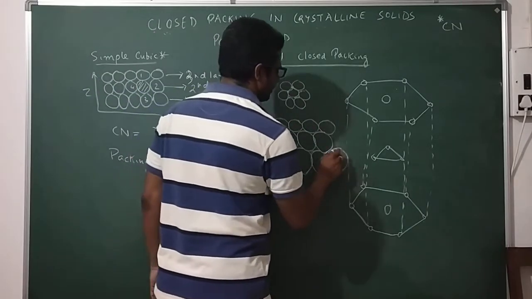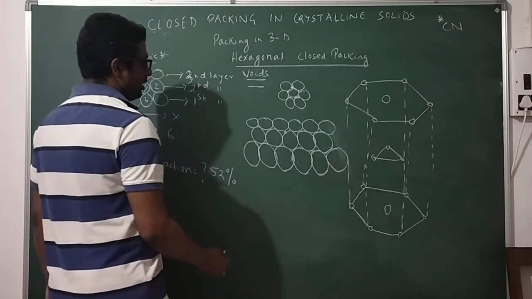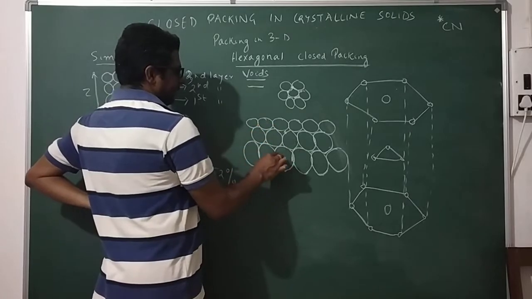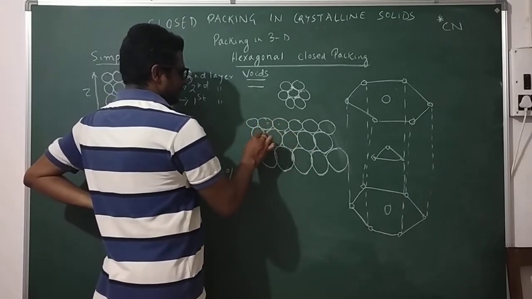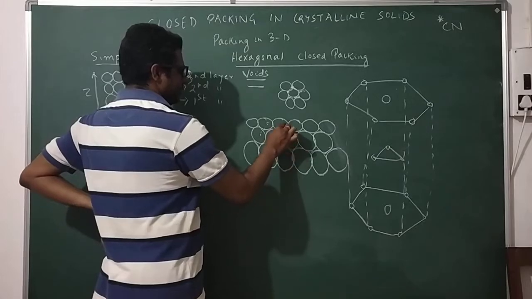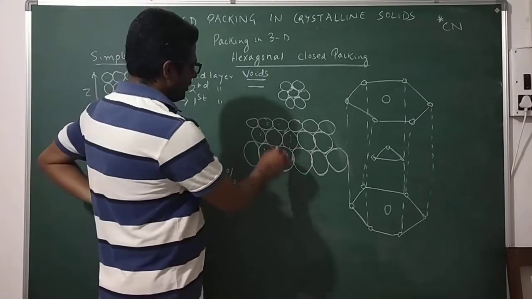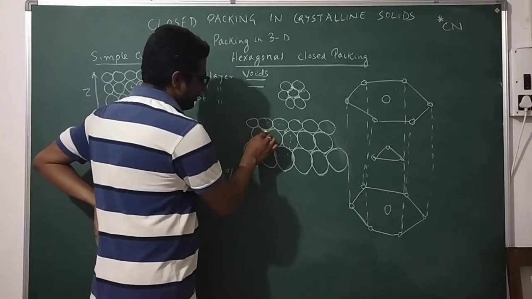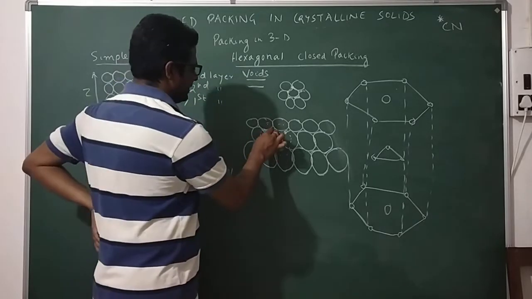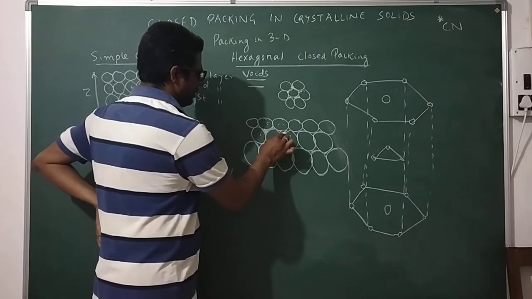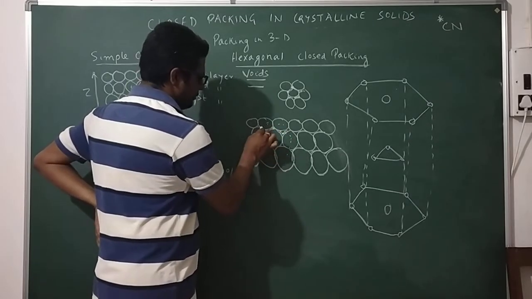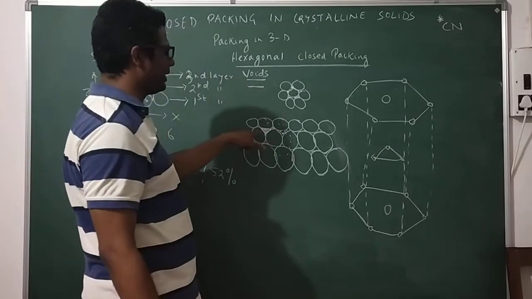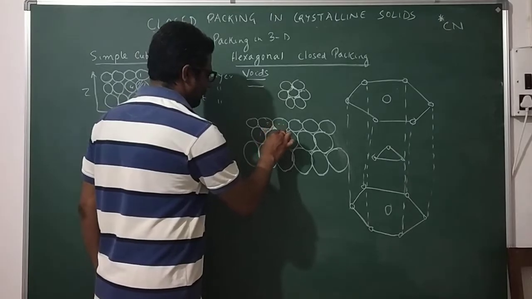All the atoms are not equal, I'm sorry for that. Now you can easily say by joining this center, this is hexagonal. Okay. Now see, there are some crevices created in between them. This is the crevices I am talking about. So if you see this crevice, this one, this is an upside down triangle and this is an upright triangle.